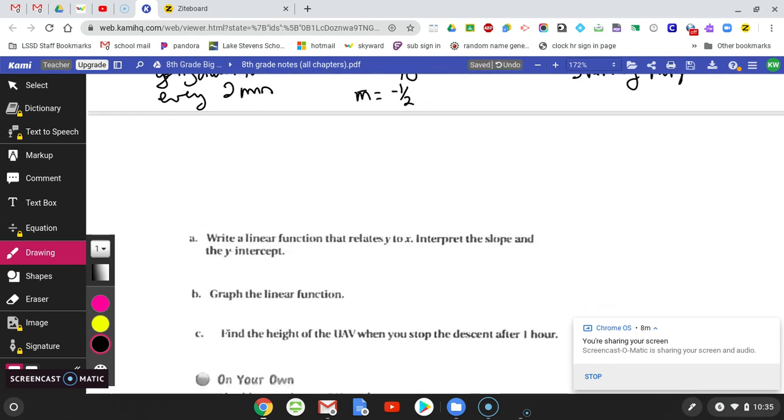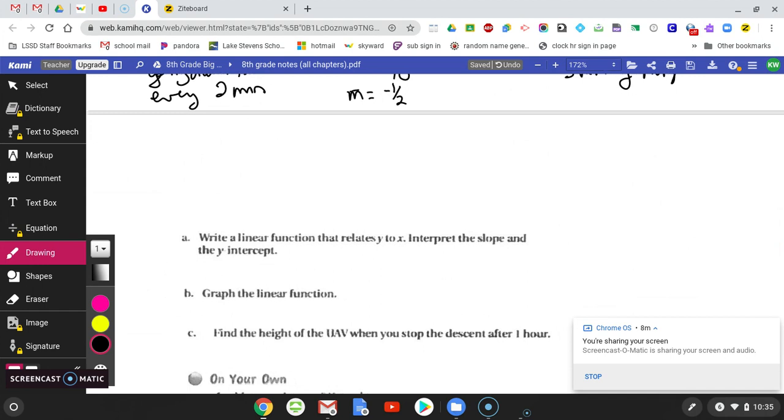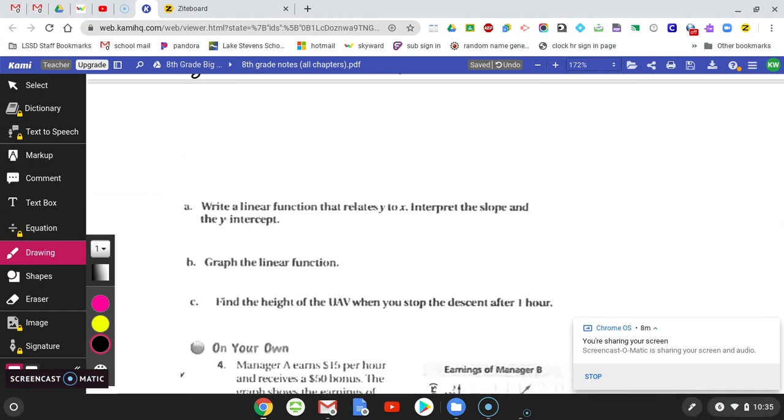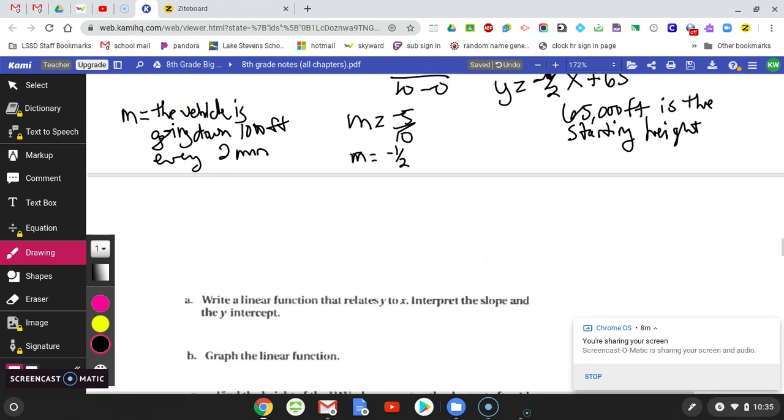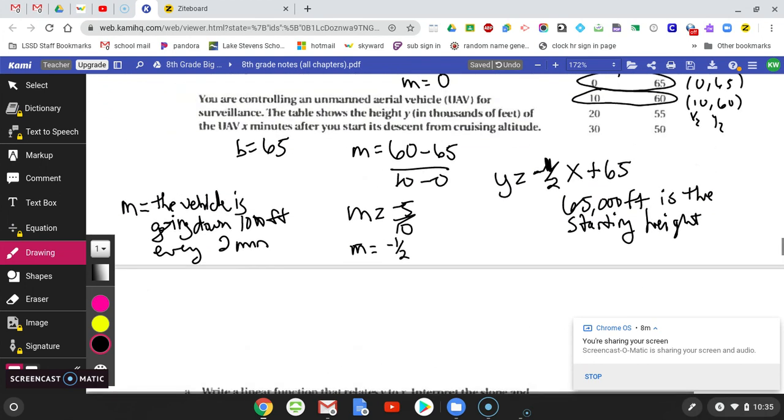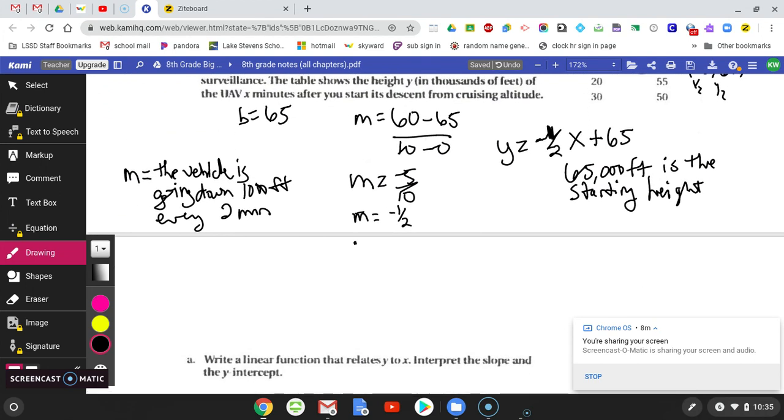Part B then says it wants us to graph it, and then we want to find the height when you stop the descent after 1 hour. So let's think about what our graph would look like first. A lot of you are going to start with it like this.